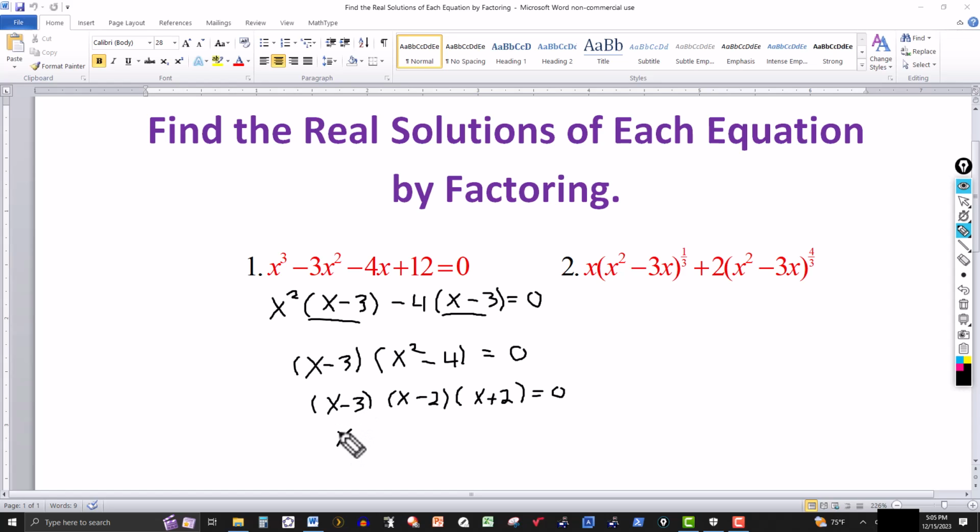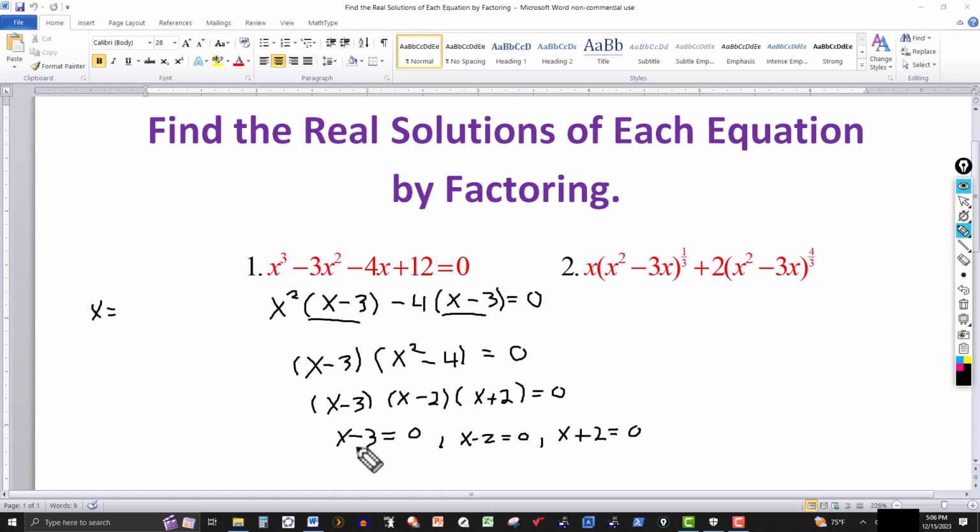So normally what we do is just set each factor equal to 0 and solve. So x minus 3 could be 0, x minus 2 could be 0, or x plus 2 could be 0. You could have some solutions that are repeated. In this case we have three distinct solutions.